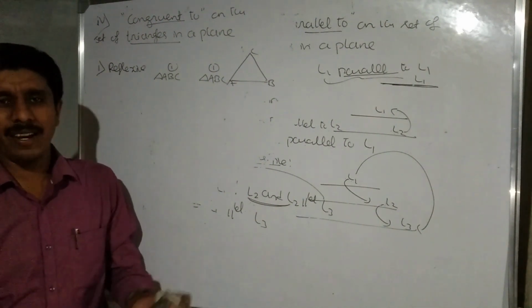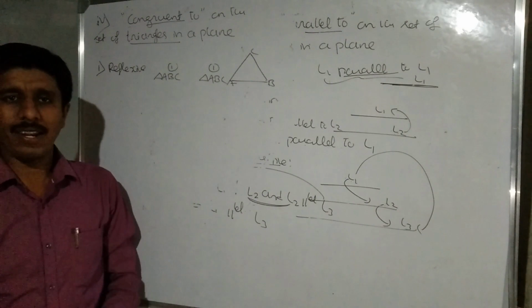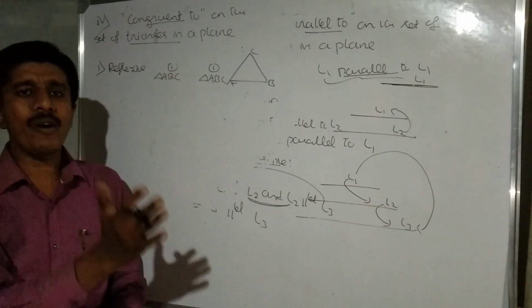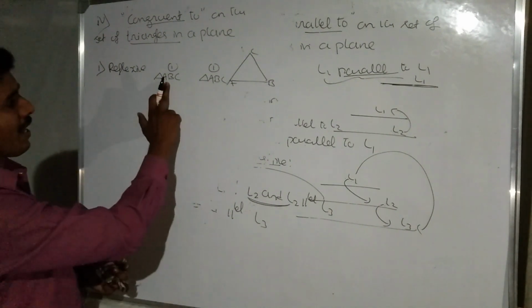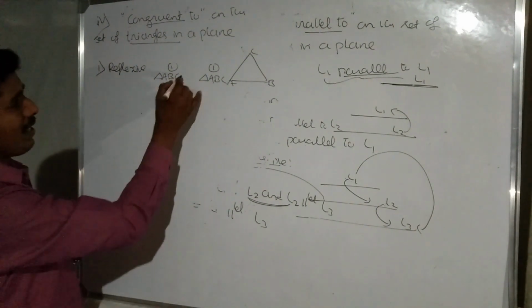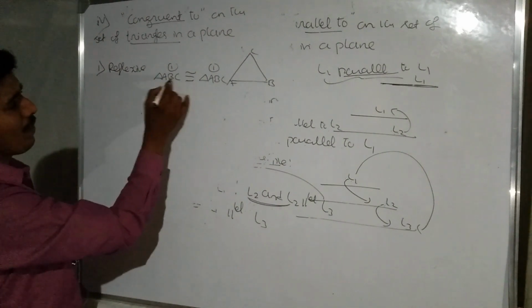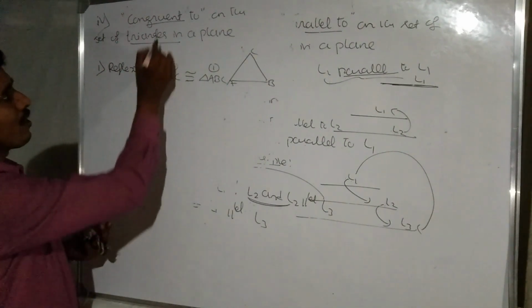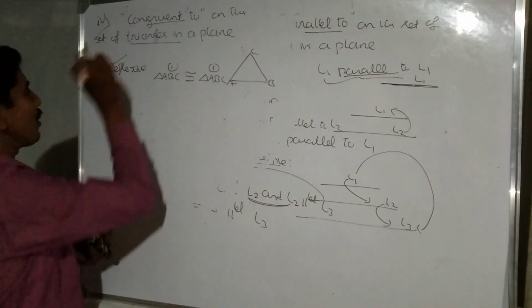Any triangle, scalene triangle, equilateral triangle, right angle triangle, isosceles triangle, every triangle is congruent to itself. Triangle ABC is congruent to triangle ABC. Therefore, congruent relation is reflexive.